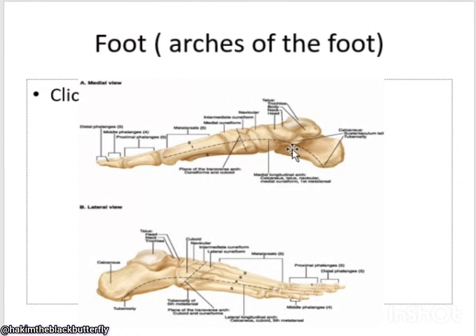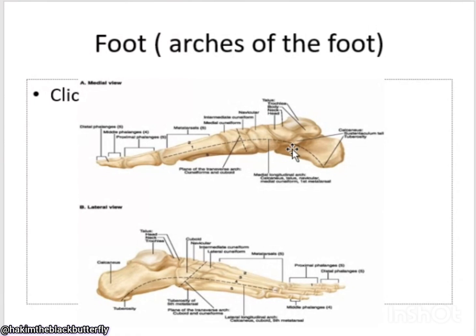Then you have the talonavicular joint between the talus and the navicular. Then you have the navicular cuneiform joint between the navicular bone and the cuneiform bones. Then you have the metatarsal cuneiform joints between the metatarsals and the cuneiform bones.